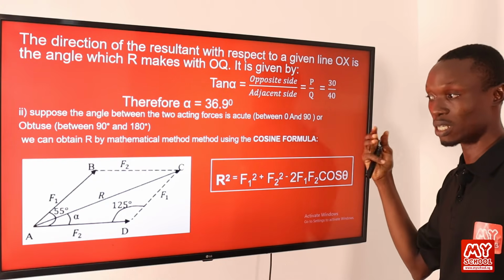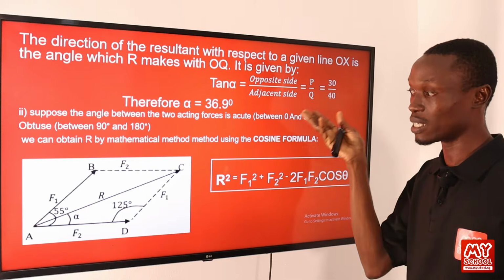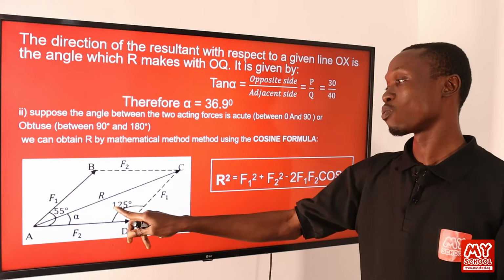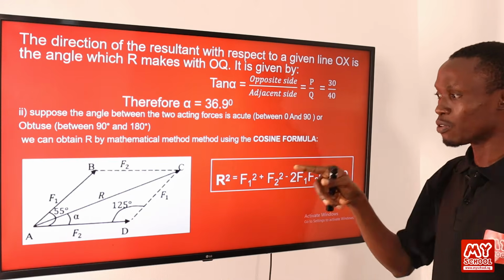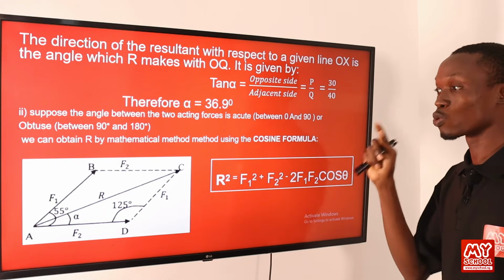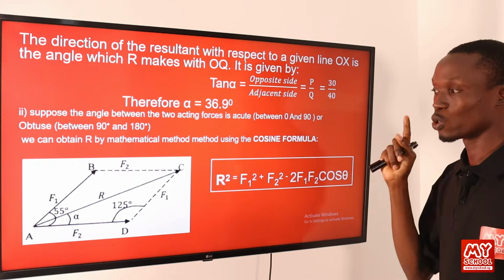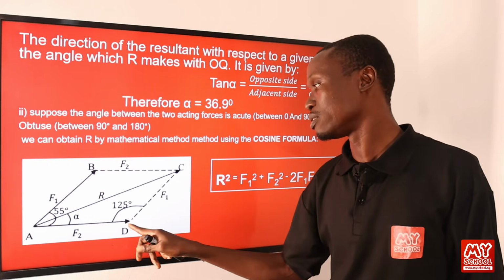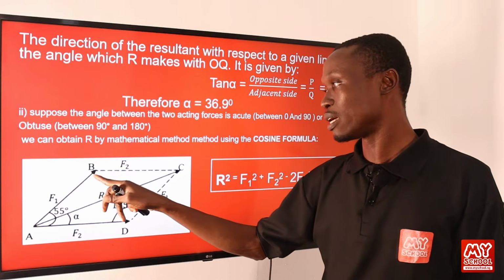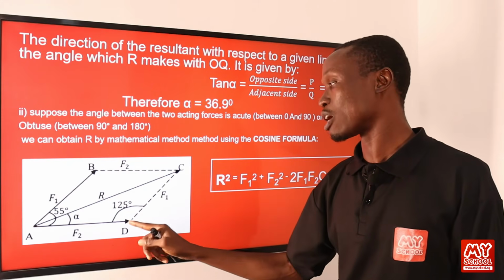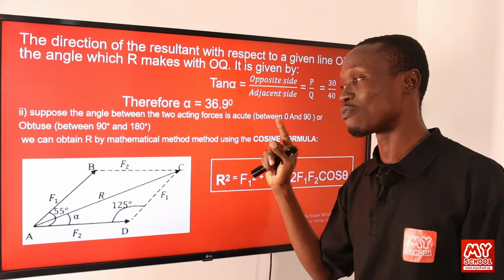So that will give you a certain value. Then that value, you divide it by 2. When you divide it by 2, one of them will be 125. If you subtract 110 from 360, that will be equal to 250. But remember that the angles B and D are facing each other, and you said let the angle B be X. So if the angle B is X, that means the angle D is also X. So in that case, you are having 2X.